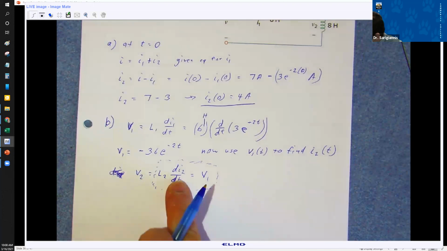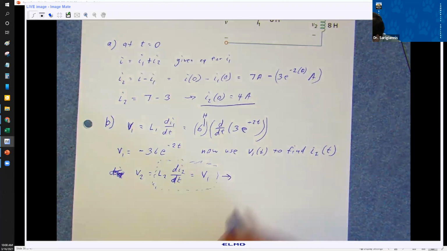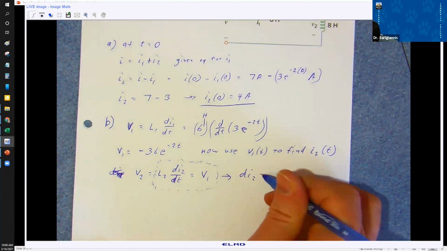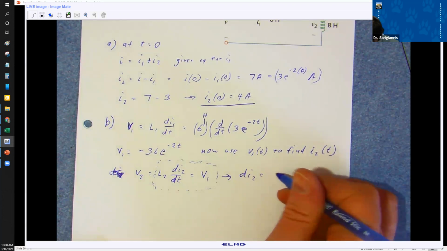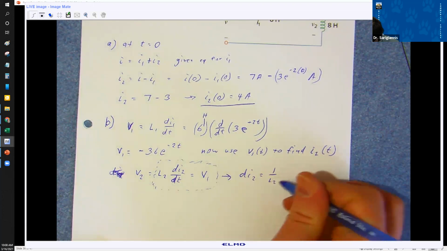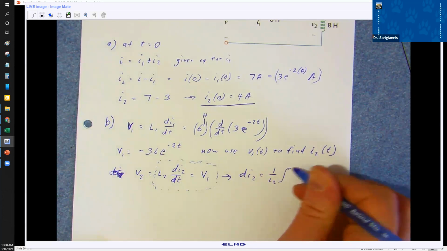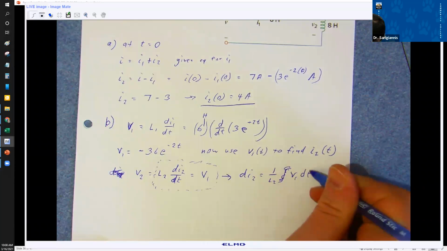And I can integrate to find I2, right? So from here, I'm going to wind up with di2 equals 1 over L2 times v1 dt.